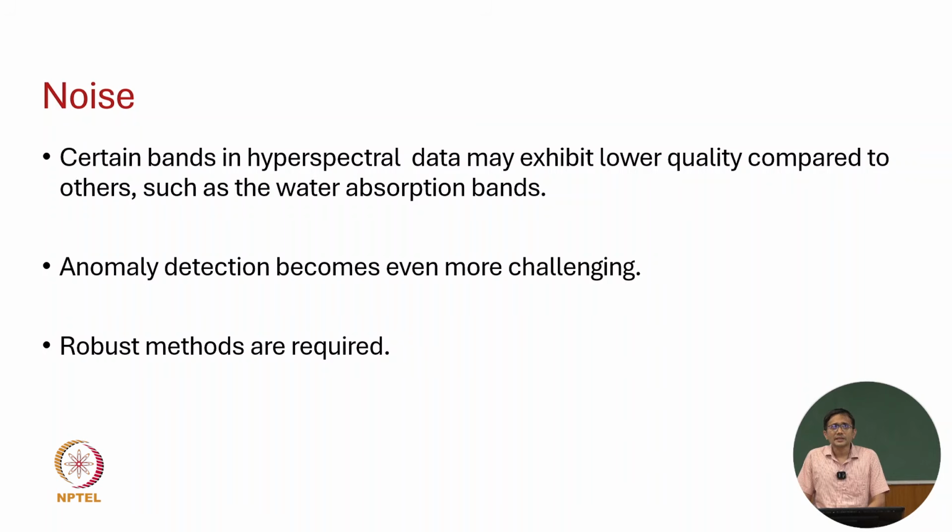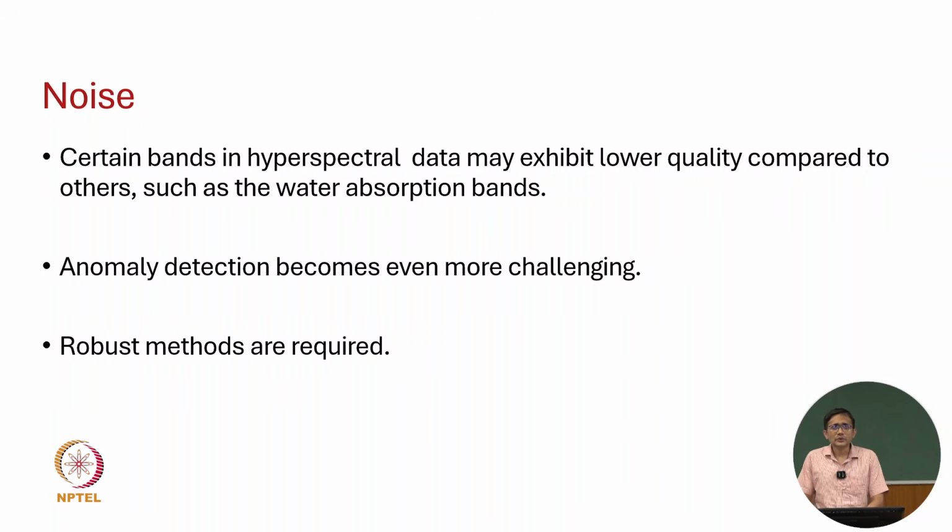We also have to be mindful about noise in the hyperspectral data. Remarkably, in hyperspectral data, certain bands may exhibit lower quality compared to others, such as water absorption bands, which often show poorer quality and are often excluded from further analysis.